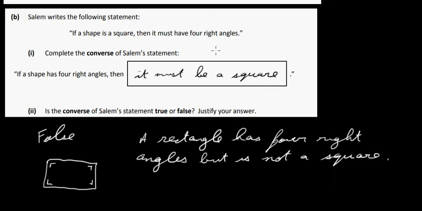So we have a statement and then we have its converse. So statements and converses don't have to be, or the converse of a statement doesn't have to be true. So that's it really. So the answer is false, and the reason is we've just given what's called a counter example here. A rectangle has 4 right angles but is not a square.